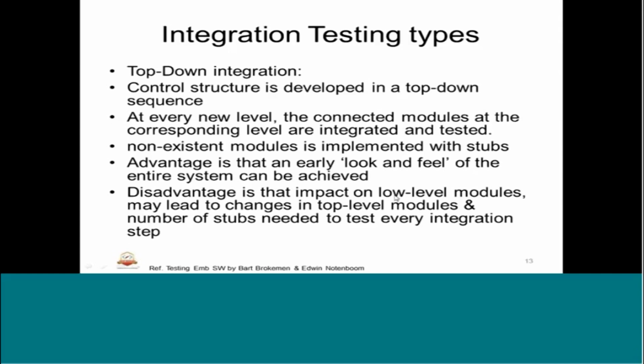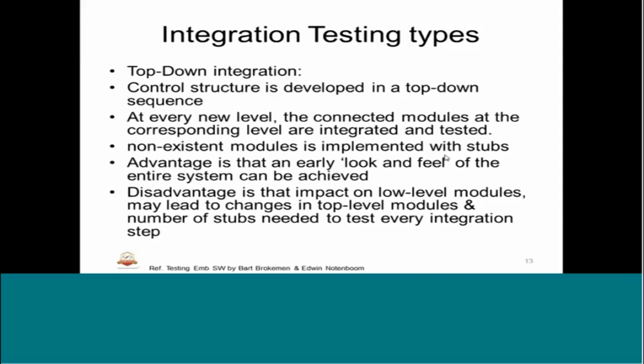Disadvantage is that impact on low level modules may lead to changes in top level modules, and the number of stubs needed to test every integration step. So here also stubbing is important. Why? Because some of the unimplemented modules, or some modules the user has to develop with the help of stubs. Those stubs will have to be developed more, and that's a disadvantage.